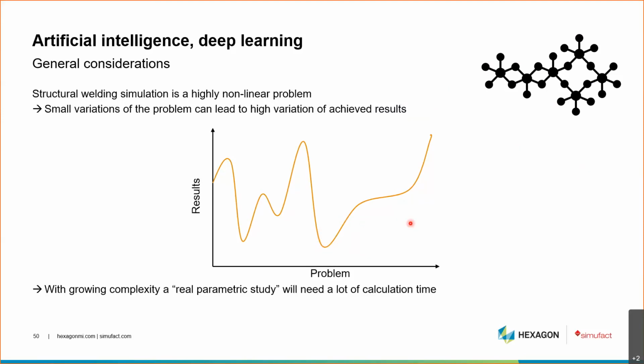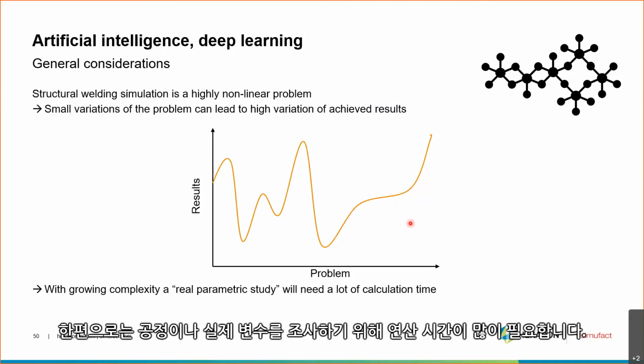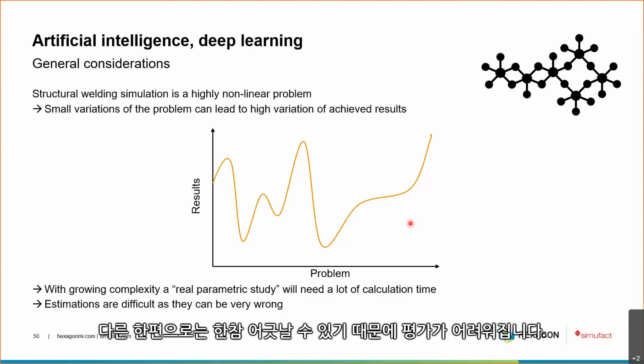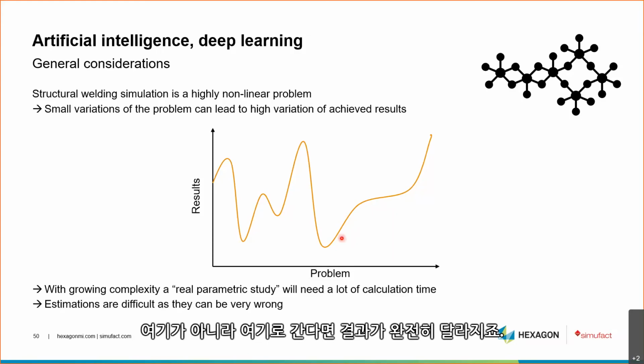On the one hand, if you would like to investigate some type of a process window, so a real parametric study, you need a lot of calculation time. On the other hand, estimations are difficult because they can be very wrong. So if I land not here but here, I get a completely different solution.